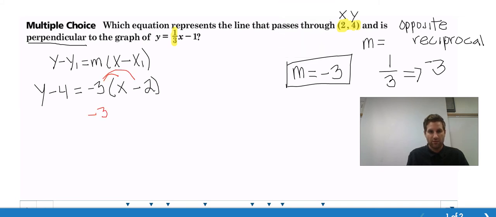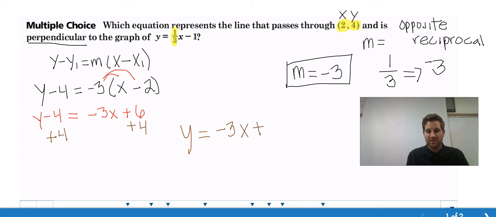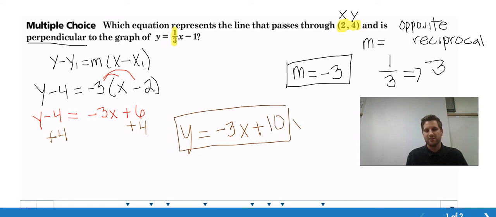So we get negative 3x, and that's going to become a positive 6. Then we're going to add that 4 over. And we get y equals negative 3x plus, sorry, plus 10. 6 plus 4 is 10. And there's our final answer.